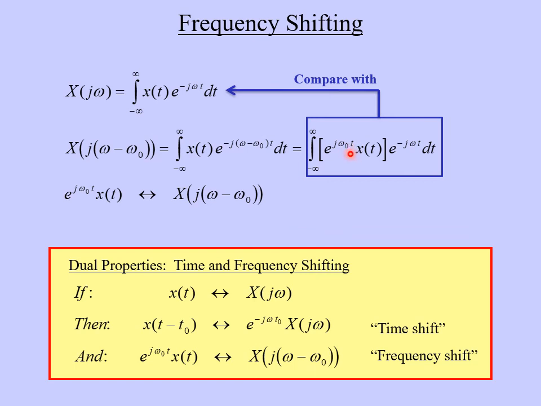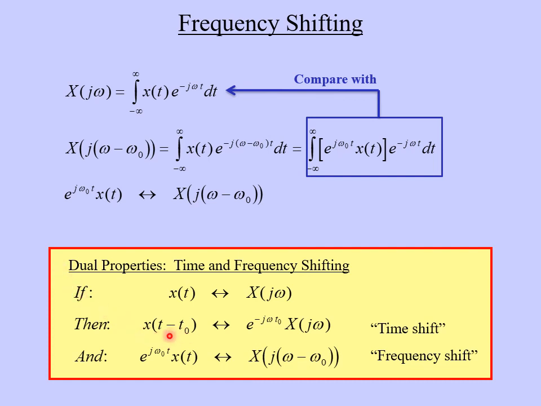So this tells us that when we have a frequency shift in the frequency domain of omega naught, in the time domain we have the same function x of t, but it's multiplied by e to the j omega naught t. Once again we see this duality between time and frequency, in this case time and frequency shifting.